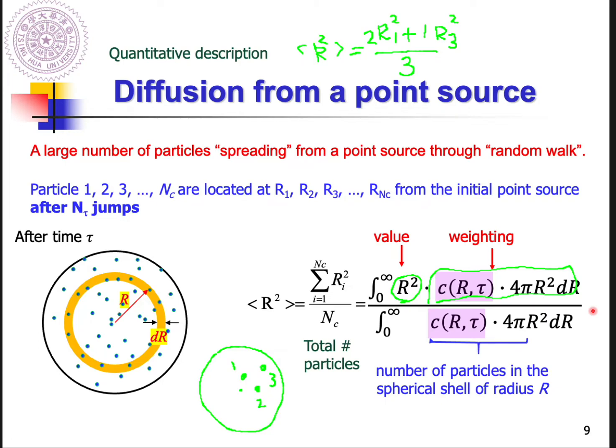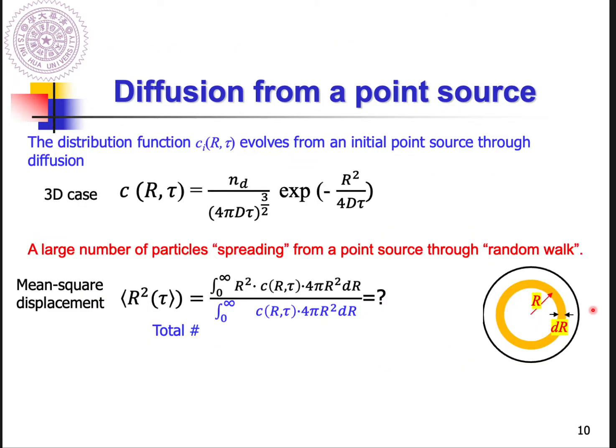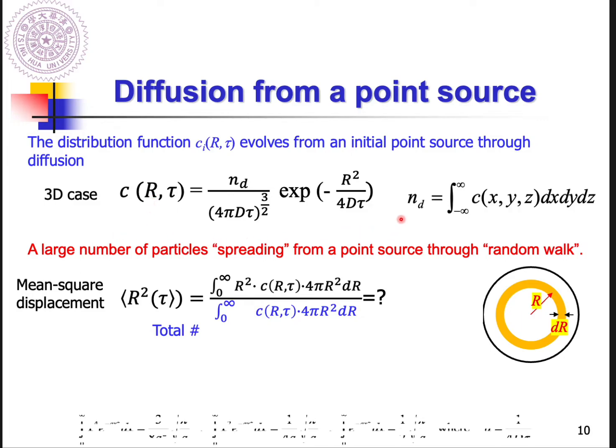The concentration profile depends on what kind of diffusion source we are talking about. If this is a 3-dimensional diffusion source, the concentration can be expressed like this, with the power of 3/2, right? And it's an exponential. So we just directly take this result into this portion to get the mean square displacement.